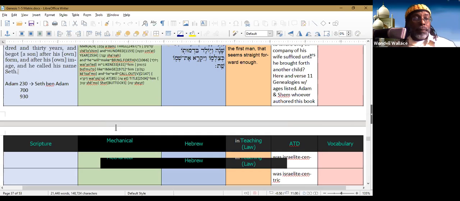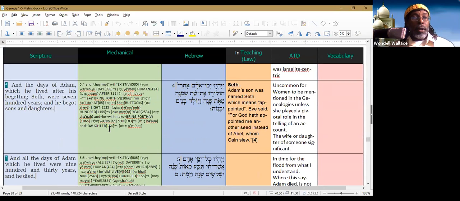All right. Next verse. And the days of Adam, which he lived after begetting Seth, were 700 years, and he begot sons and daughters. Notice, they're not mentioned. They're not mentioned because they are not involved in this lineage or this bloodline.